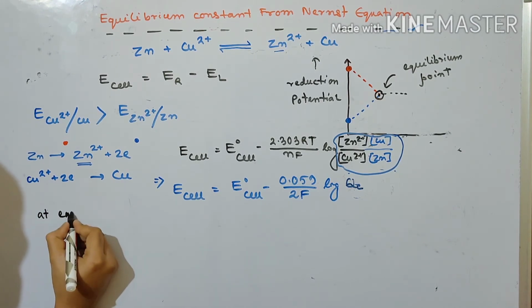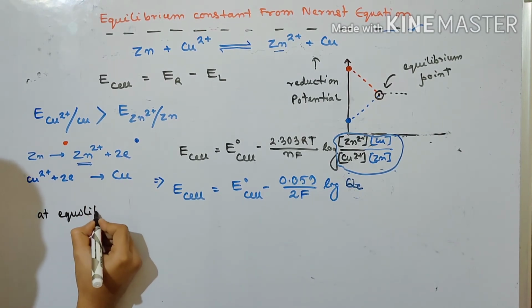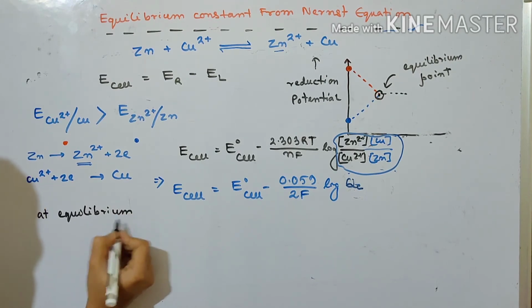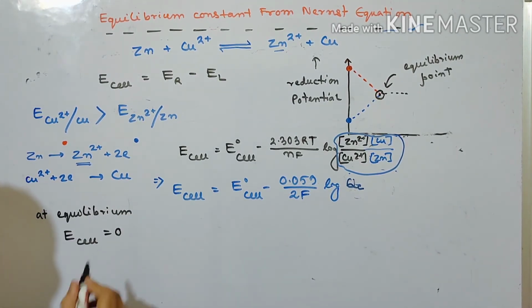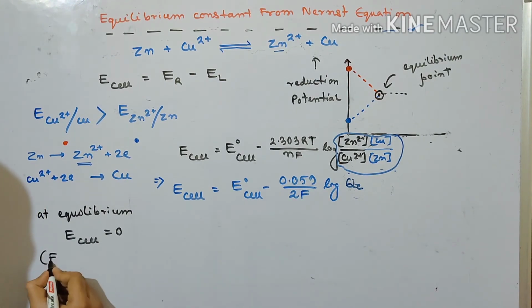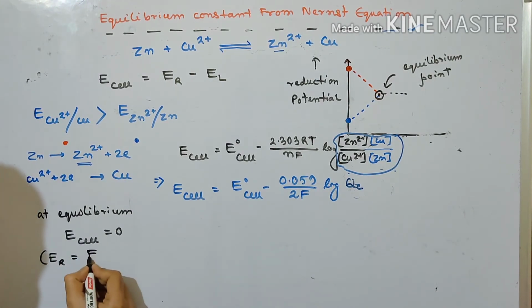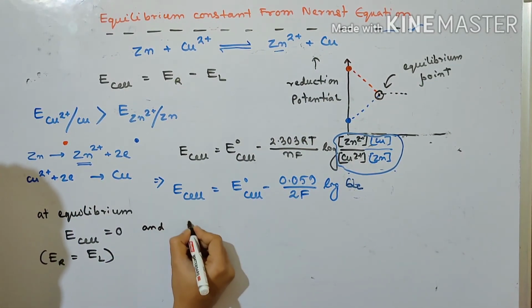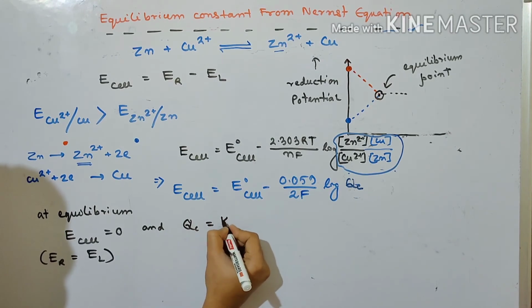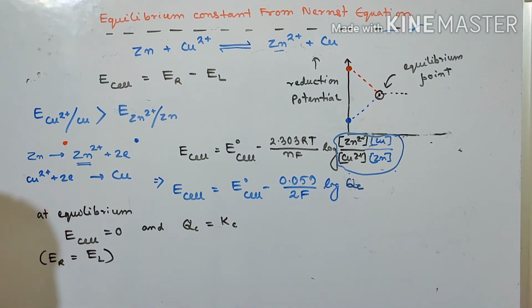At equilibrium, E cell will be 0, because at that point of time ER will be equal to EL, as we have seen, and QC can be written as Kc. Kc is known as the equilibrium constant.